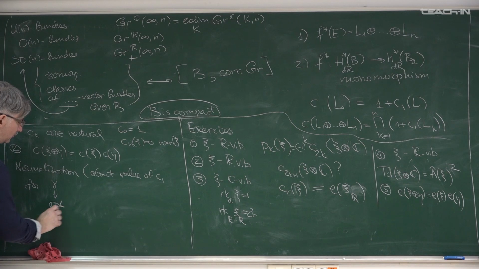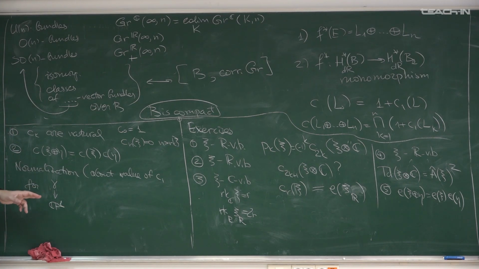It is enough to calculate what happens, because if you know that this is non-zero, then you obtain non-zero for the tautological line bundle over CP infinity. The only thing you need to check is the value of the first Chern class for this tautological line bundle. It's a very, very simple thing.